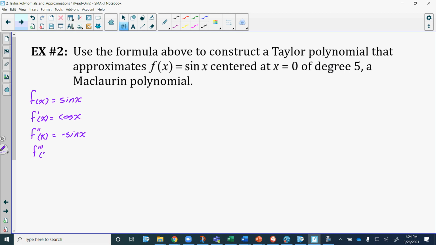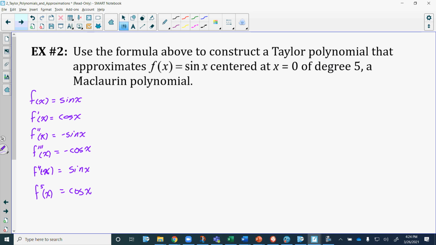The third derivative will be negative cosine of x. The fourth derivative is going to put us at sine of x. So now we're starting to repeat. And the fifth derivative of function f puts us back to cosine of x.